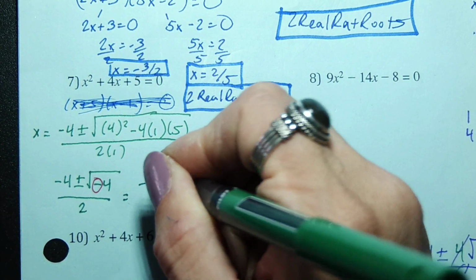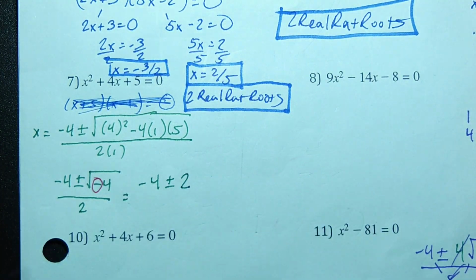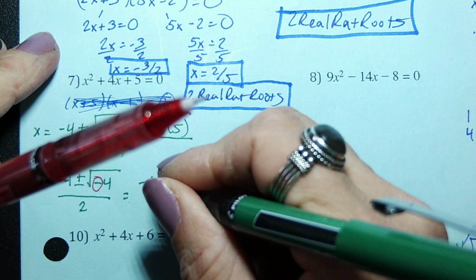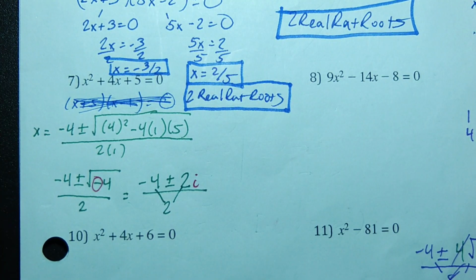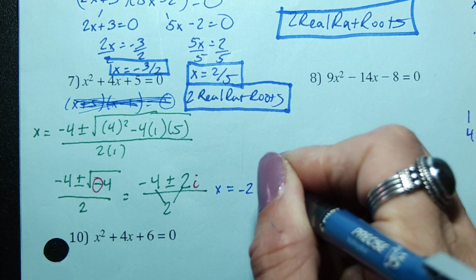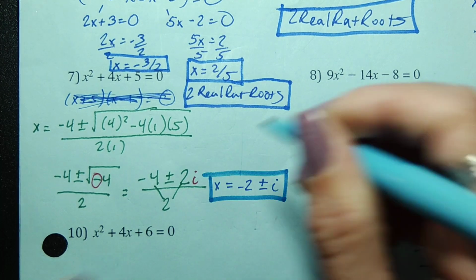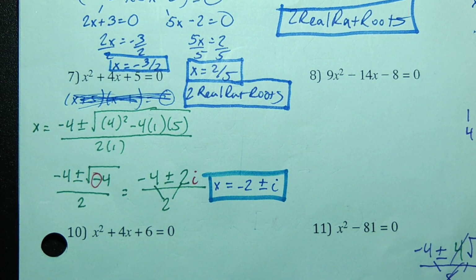So negative 4 plus or minus the square root of negative 4, which is 2i, divided by 2. Now we do division distribution. And my solutions will be negative 2 plus or minus i. And we could describe those as two complex roots.